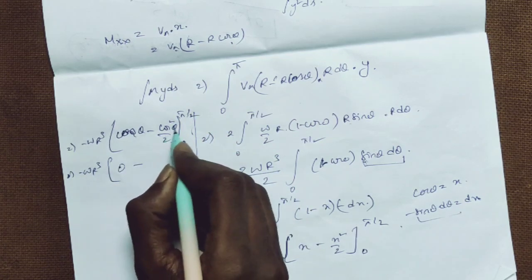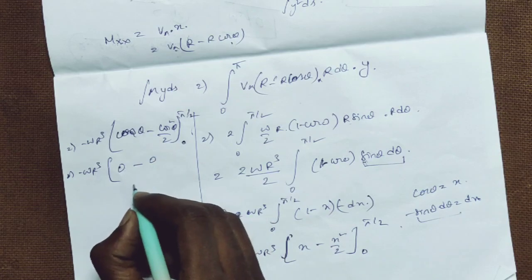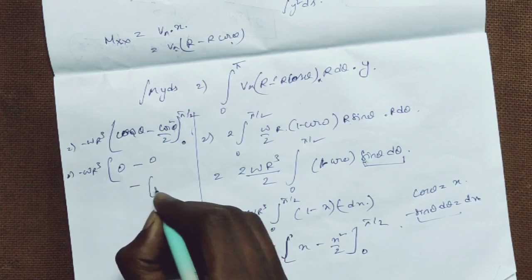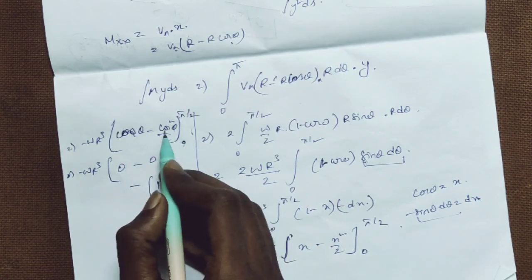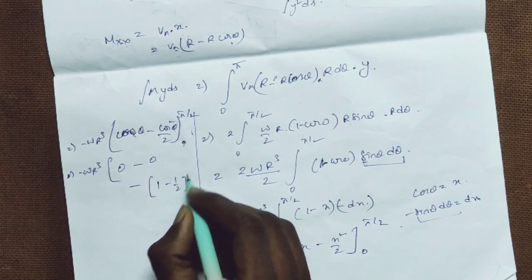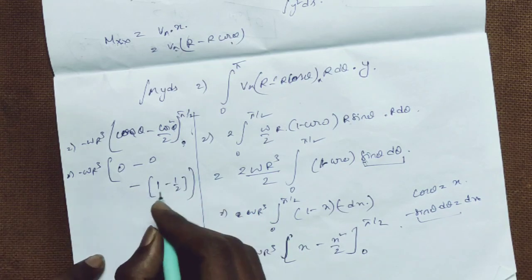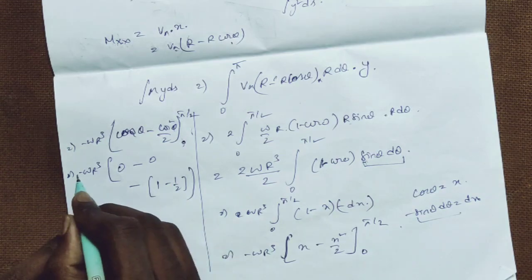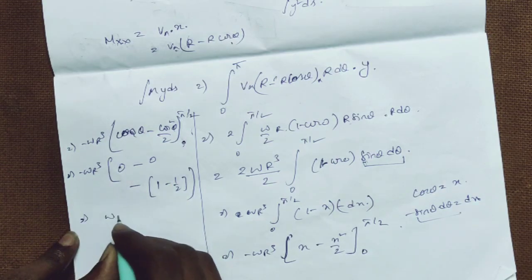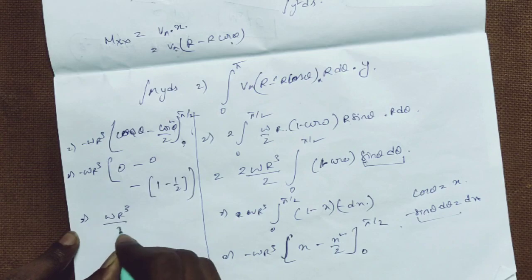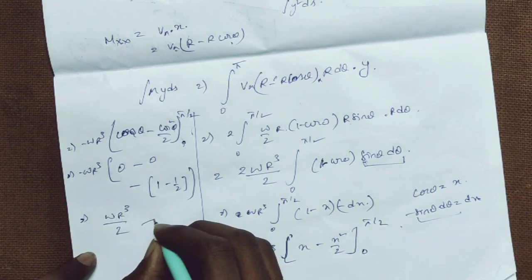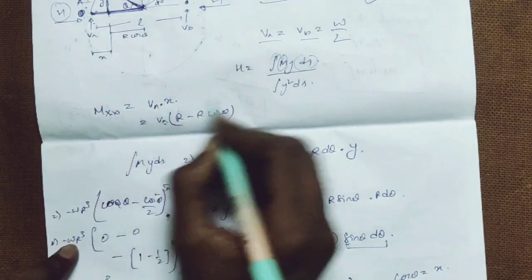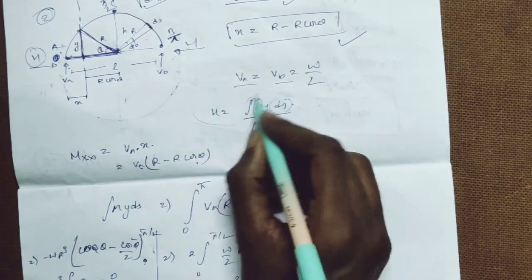It is 0. So 0 minus, 0 minus 1 by 2, which gives half. So there is minus W r cube by 2. This is our numerator.